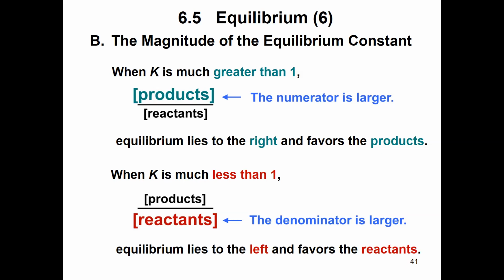So this time it's the concentration of the reactant that is much larger than the concentration of product. So if you have much more reactant, that means the equilibrium lies to the left and favors the reactant. So that's how you use the K value.